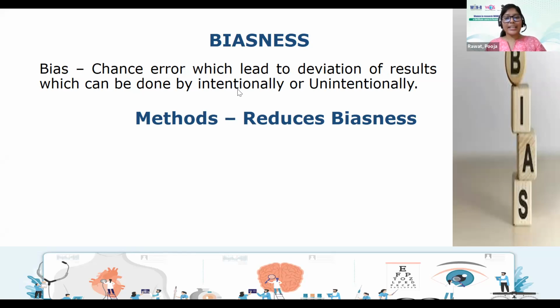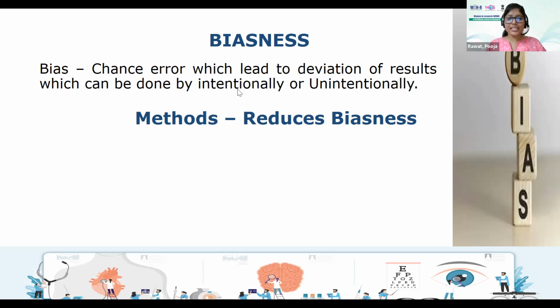So why does it happen? Because females are usually very hesitant, so they don't come up for the trial. So what you will see is that mostly the male population is there. This is unintentional. You don't want it intentionally.